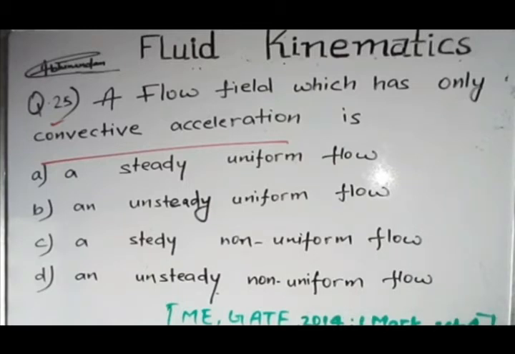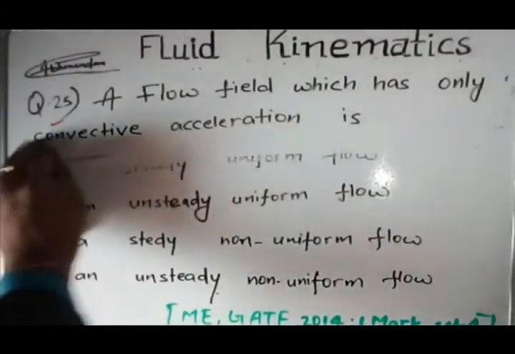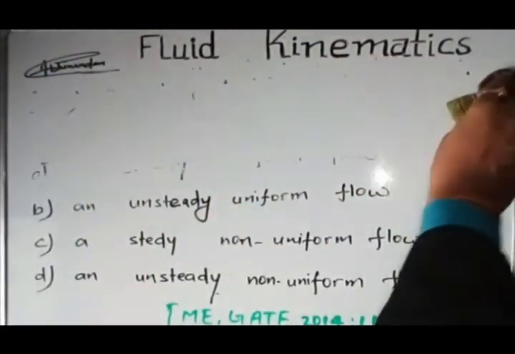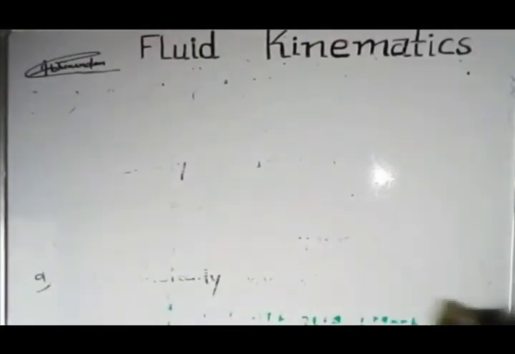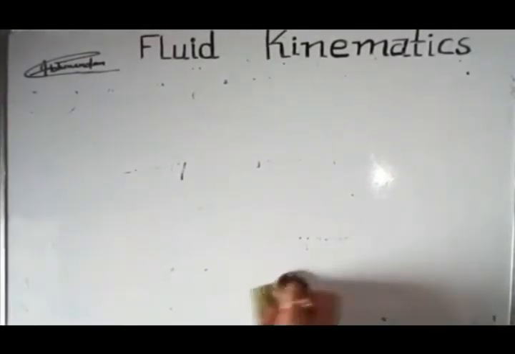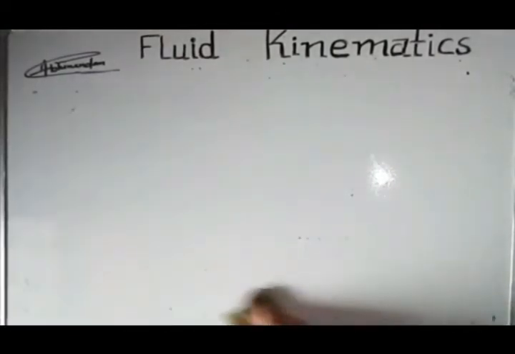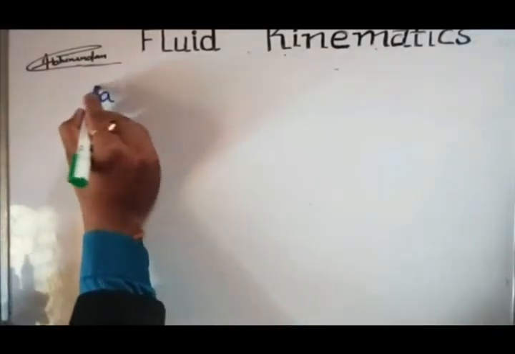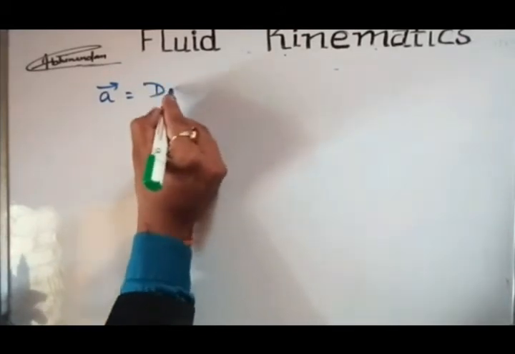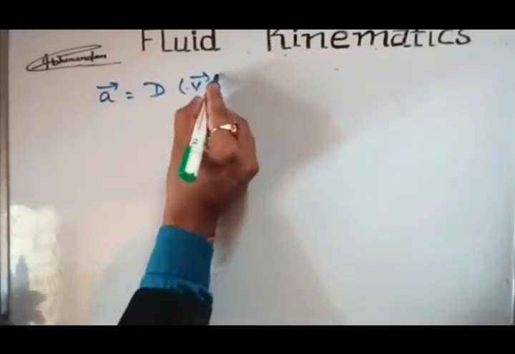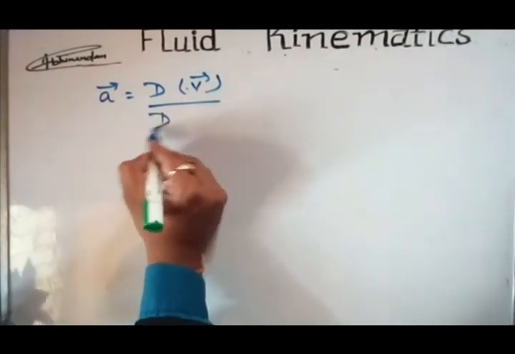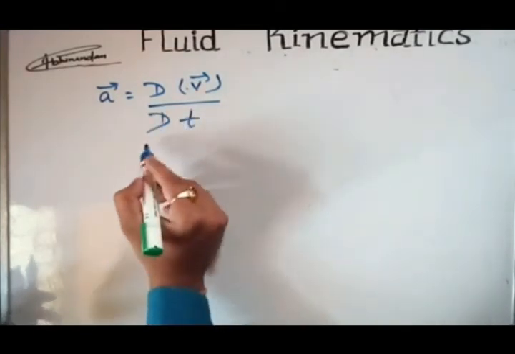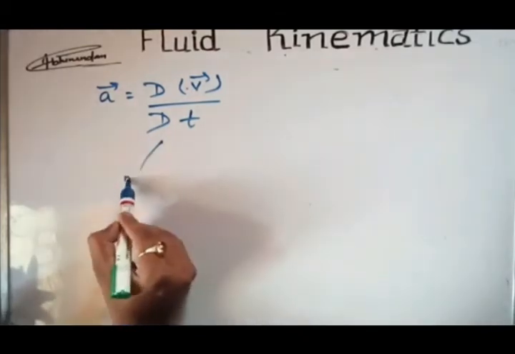This was asked in Mechanical Engineering GATE 2014 for 1 mark in the 4th set. And let's look at the solution of this question in detail. First of all, now let's look at the acceleration vector, denoted by lowercase a. So acceleration vector equals capital D v, vector v, upon capital D t.